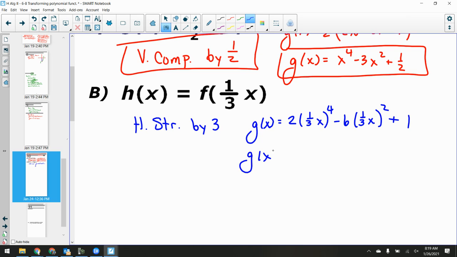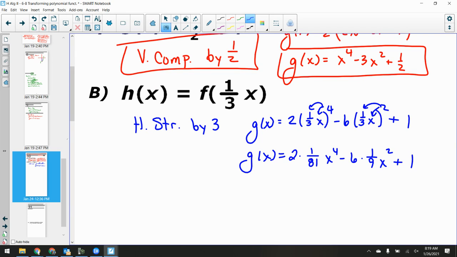So g of x is equal to 2 times 1/3 to the fourth. That's 1 to the fourth over 3 to the fourth, so 1 over 81 x to the fourth. And then this is minus 6 times 1/9 x squared plus 1. I'm just distributing that power in, taking 1/3 to the fourth x to the fourth, 1/3 squared x squared.